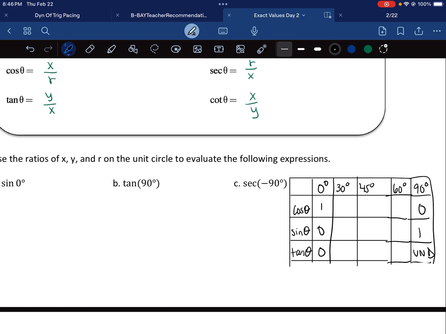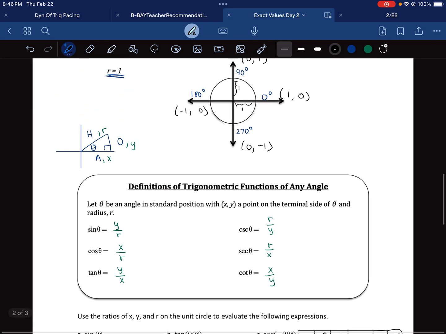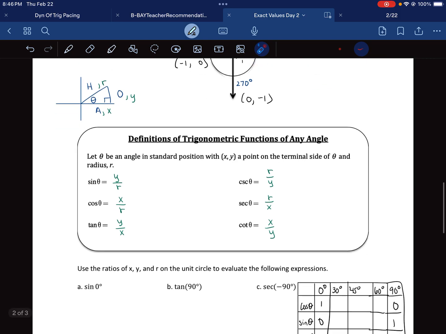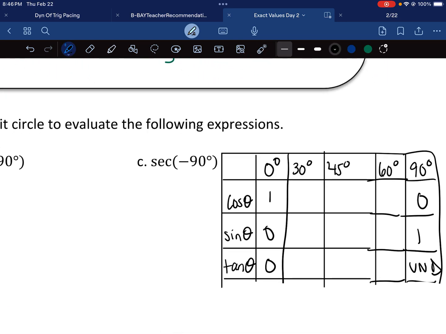When we're looking at 0 degrees on our unit circle, your cosine, your x value, was 1. Now what we know about our ratios is that when we're setting this up for cosine, if you have x over r, then you have to do 1 over 1. This is for cosine of 0.